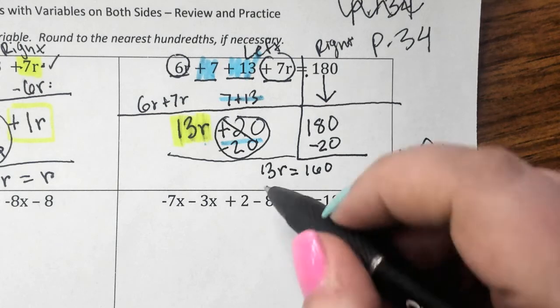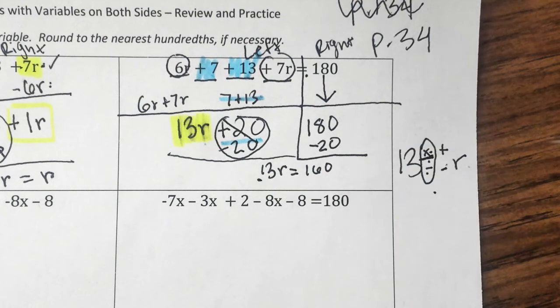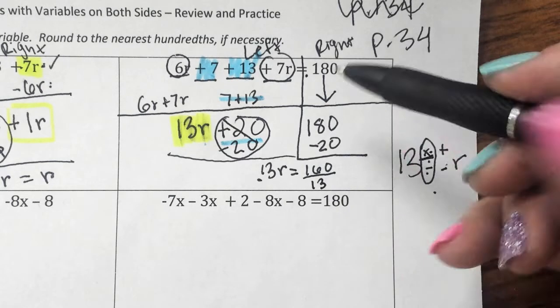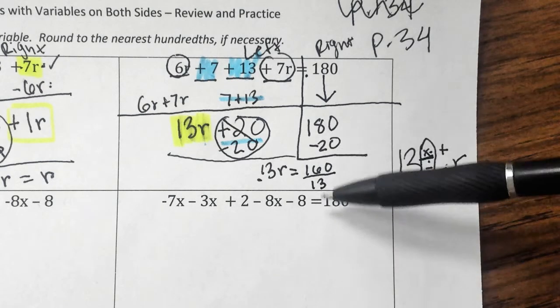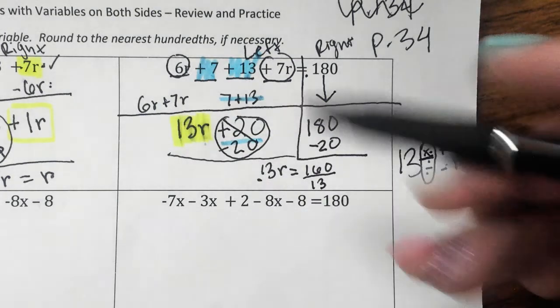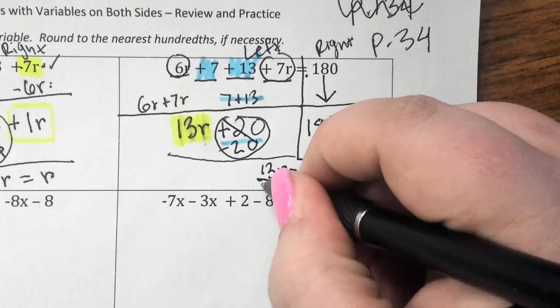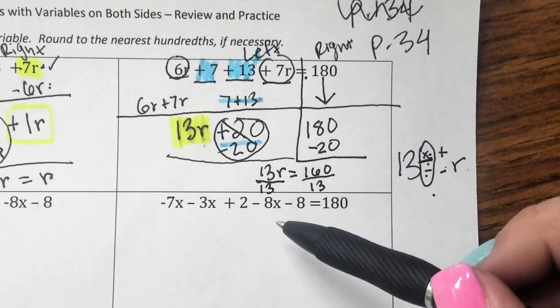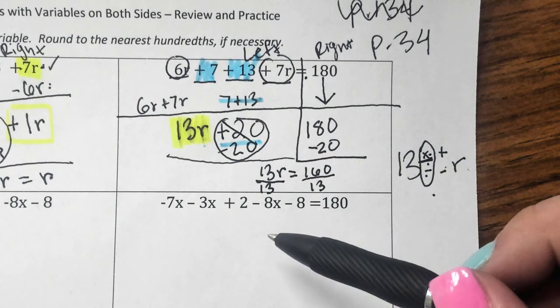Dividing. So I divide the left side or the right side by 13? The right side, but also what? The left side, because if I divide the right side by 13, what else do I have to do? Oh, okay. I'm sorry, left side. That was a trick question. Okay. 13R divided by 13. What is 13 divided by 13?